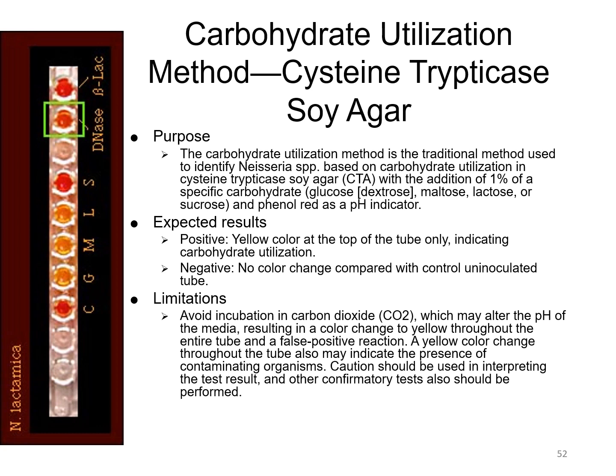These carbohydrates all have a phenol red pH indicator in them. If the organism is able to utilize it, it will change the pH, and that yellow color would be demonstrated within that particular tube.